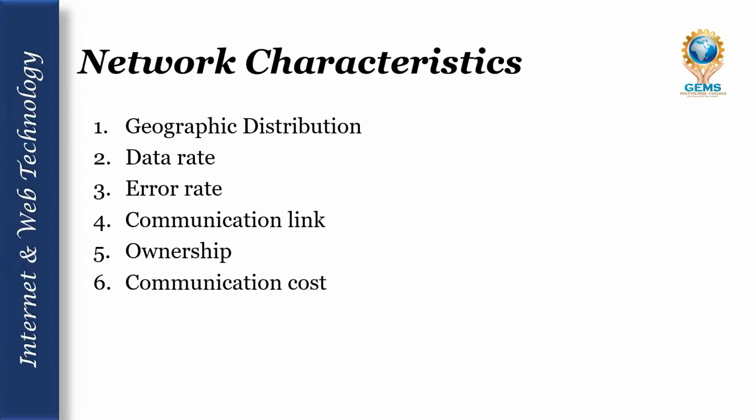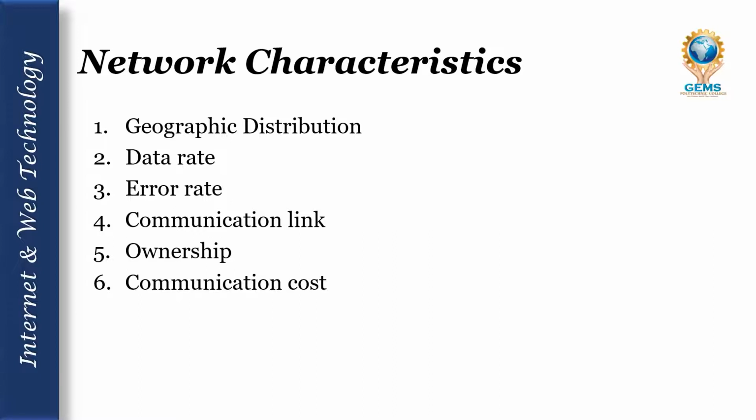A LAN is restricted to limited geographic coverage of a few kilometers, but a WAN spans a greater distance and may extend over several thousand kilometers. Therefore, a LAN typically provides communication facilities within a building or campus, whereas a WAN may provide them nationwide or even worldwide.